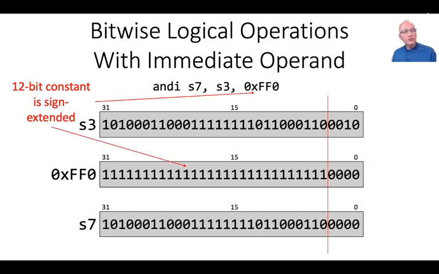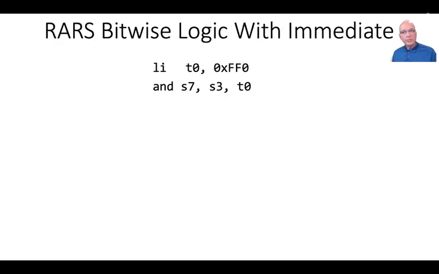The 12-bit constant is to be sign extended in RISC-V. However, in the simulator that we use in the lab, this results in an error. The simulator has a problem when handling a 12-bit immediate that's expressed in hexadecimal. It will produce an error when you do that. There are ways around it.